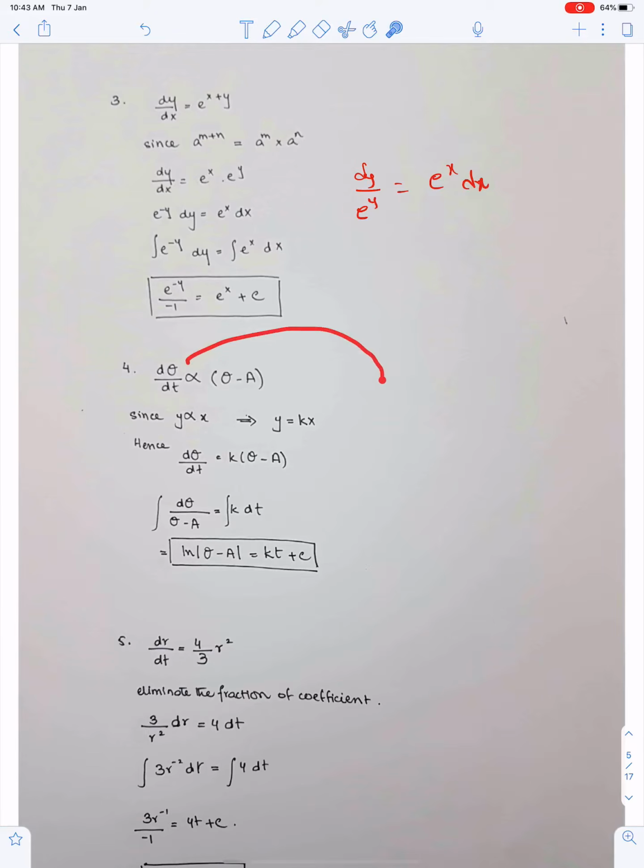We have to remove the sign of proportionality by writing a constant. And then we have to do the separable. We need to bring theta minus a onto the left hand side, and we need to bring this dt onto the right hand side. And then we need to take the sign of integral on both the sides. The integral of this is ln theta minus a. This is kt plus c.